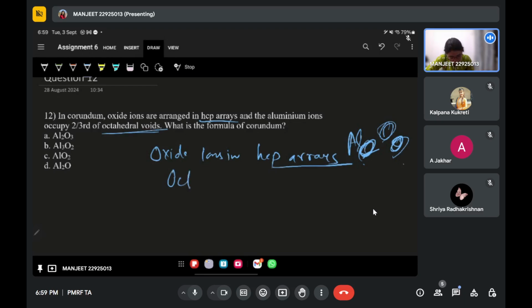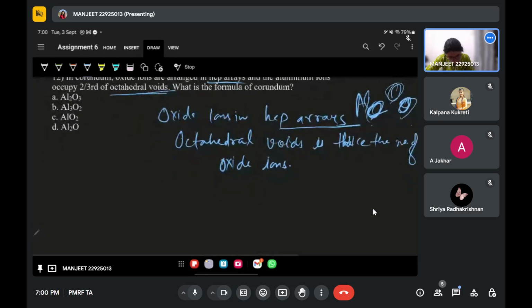The number of octahedral holes is twice the number of your oxide ions, and it is given here also that the aluminium 3 positive occupies 2/3 of the octahedral holes.